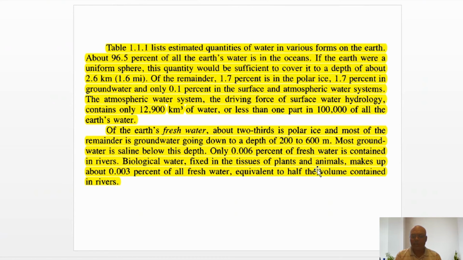Within that, 2/3, around 67%, is available as polar ice, so 67% of fresh water is at the poles, and the remaining 30% is available in the groundwater.